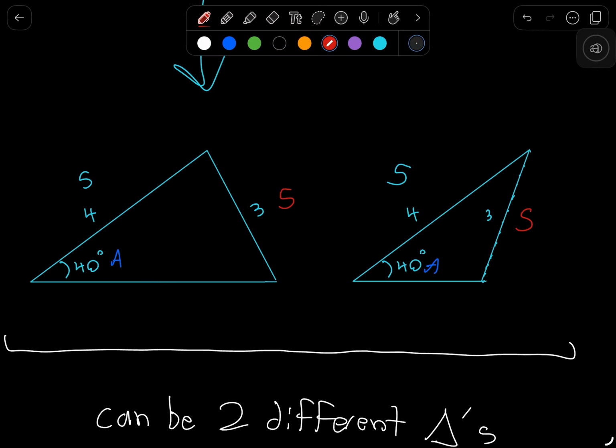But you will realize, even though these sides are congruent to each other, these triangles look different. The reason is because these other two angles here can change. So you can't actually use side-side-angle either. It doesn't work, because once again, this angle here can change. Likewise, this one here can also change.